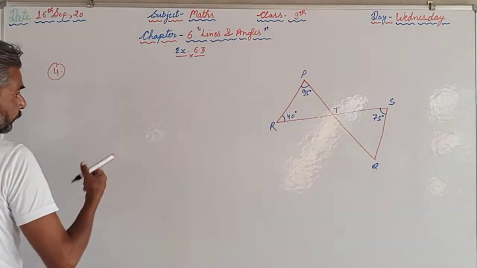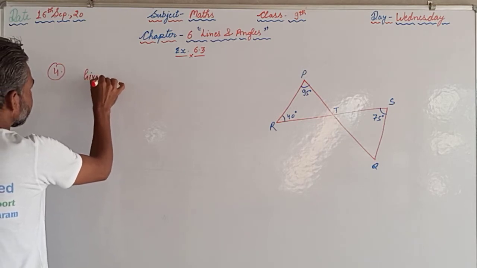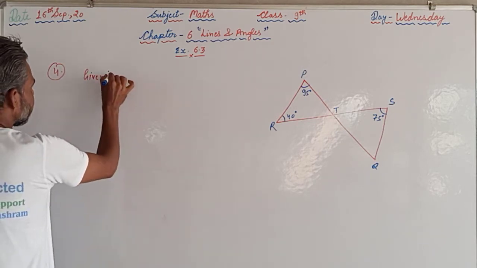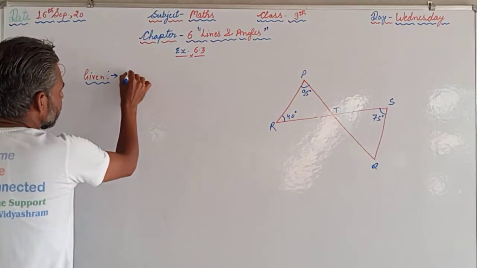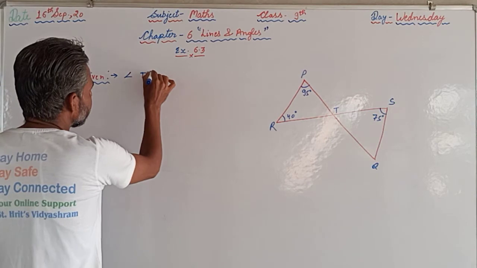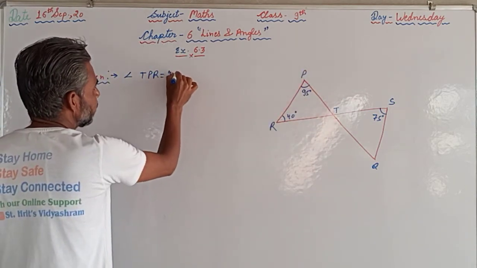So what is given? First of all we have to write angle TPR is given 95 degree.